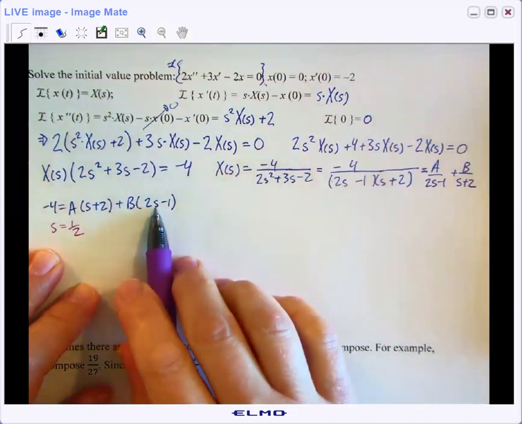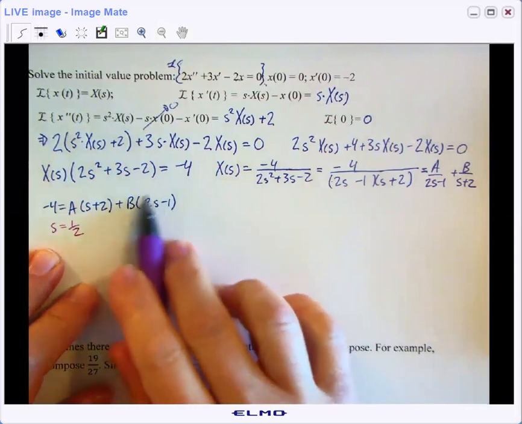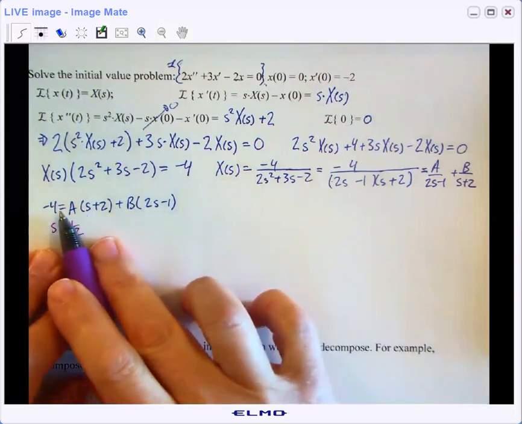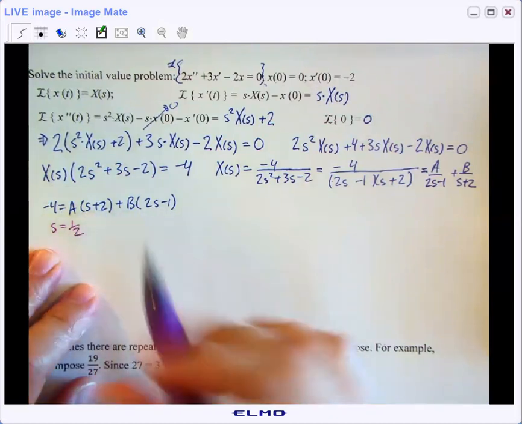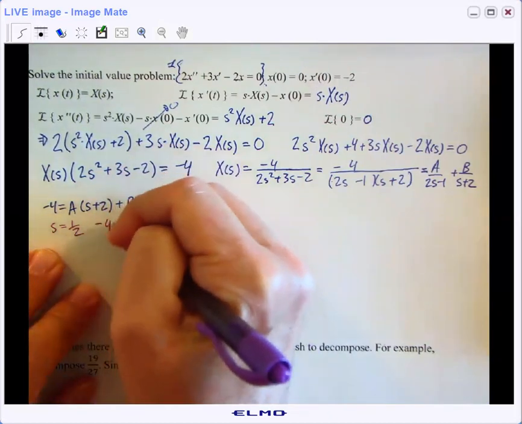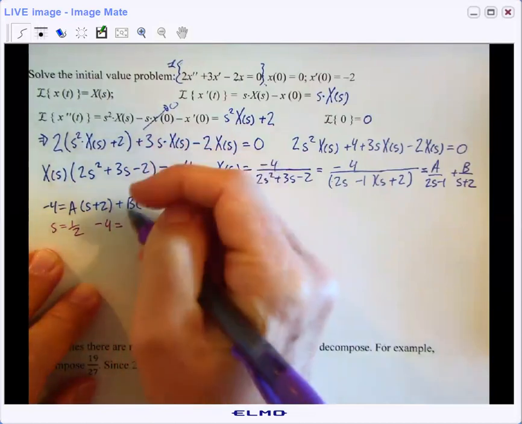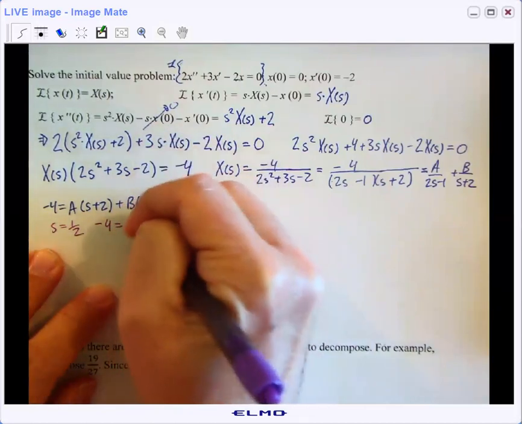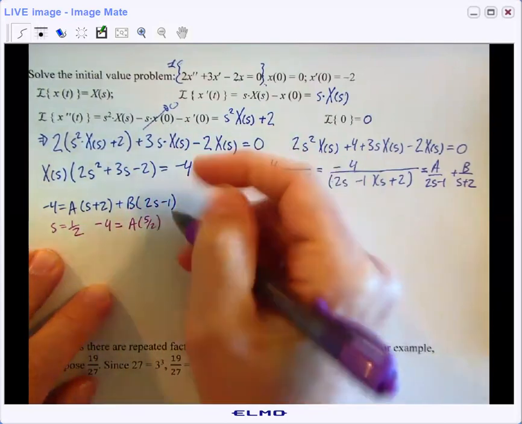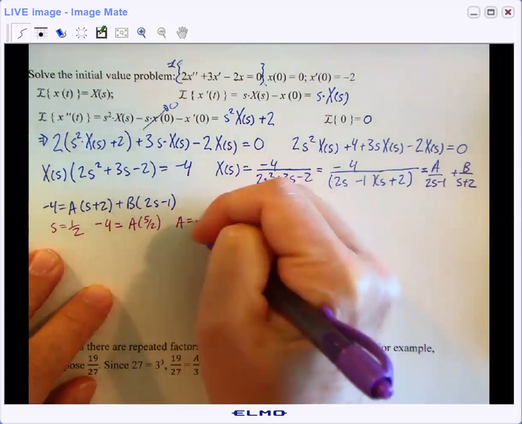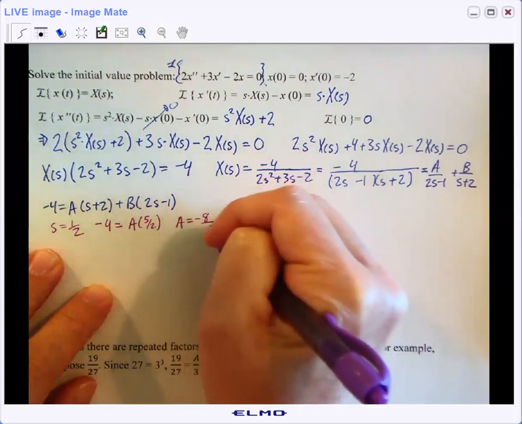If s equals 1/2, this term goes to 0, and that allows me to find A. So we've got 1/2 plus 2 is 5/2. So negative 4 is equal to A times 5/2. So if we multiply both sides by 2/5, we find out that A must have been negative 8/5.